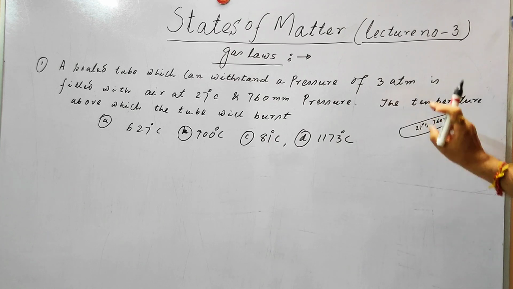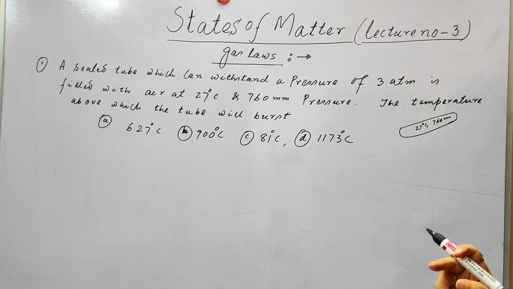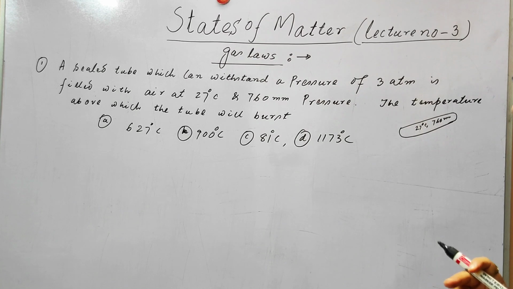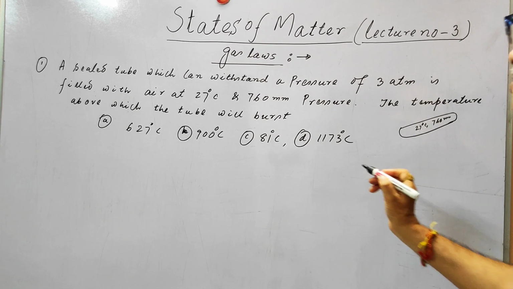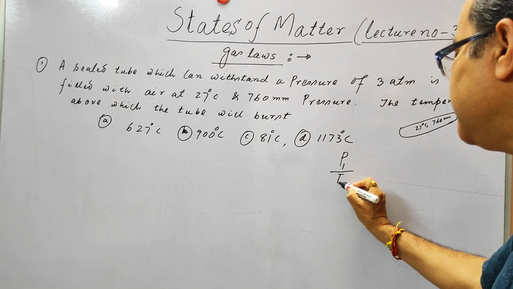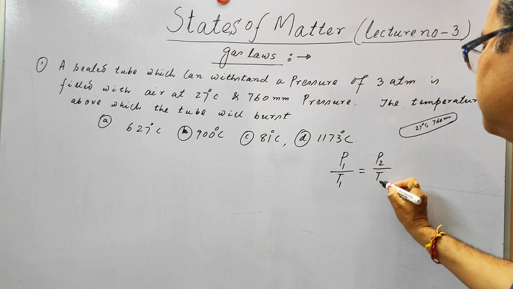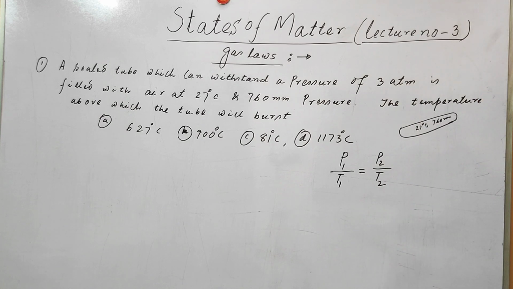After this it will burst. So we have to see at which temperature this is going to happen. For that, we have to take the help of this law: P1 by T1 is equal to P2 by T2, that we already discussed in Amonton's law.